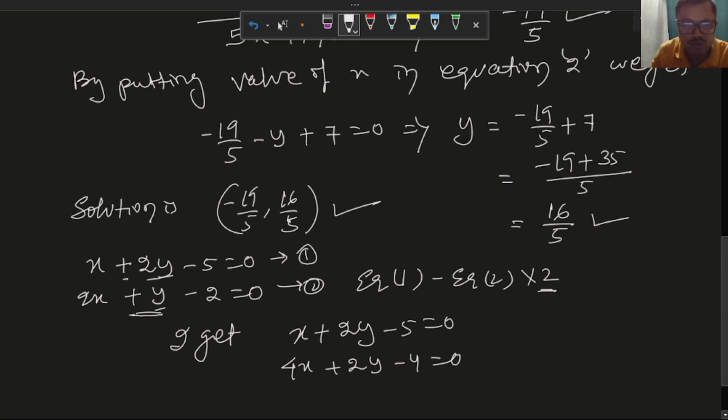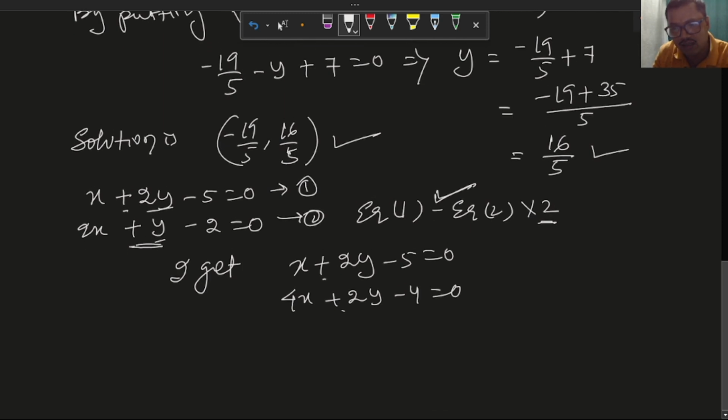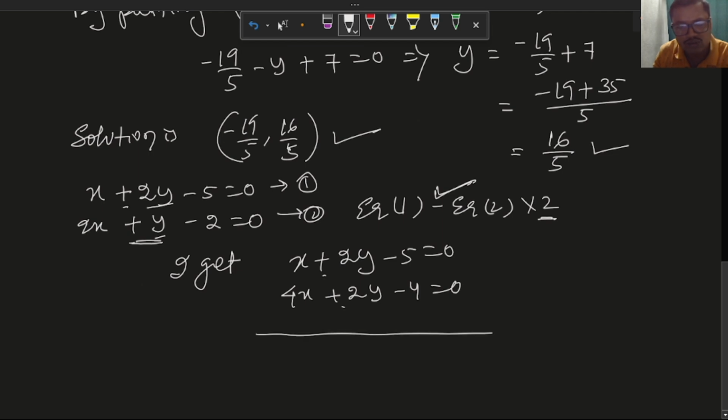Then I have to subtract. Why do I have to subtract? Because the signs are equal. Subtract means changing the sign of every term of the second equation. 4x was positive and changed into negative. 2y was positive, changed into negative, and minus 4 was negative, changed into positive.